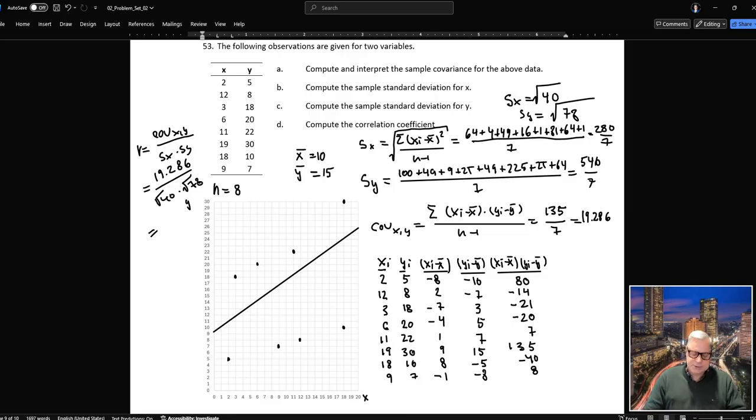And then I get something like 0.345. That suggests a rather weak correlation. And you can see from the scatter plot, yeah, well, it is positive, but the dots are really very far spread around. So what I still want to do is I just want to double check using Excel.